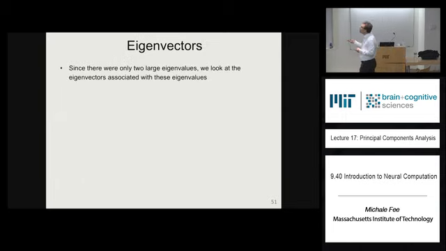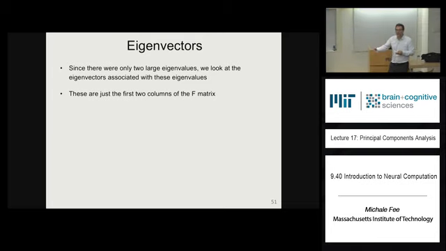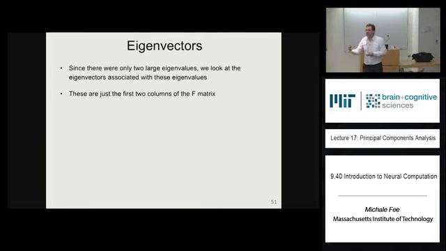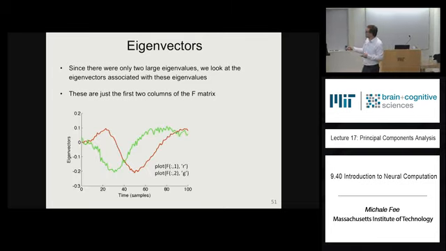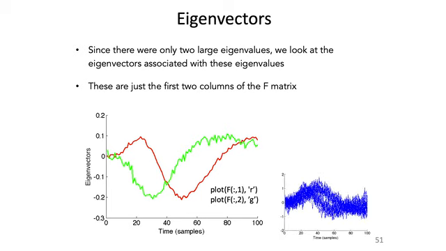Okay? So since there are 2 large eigenvalues, let's look at the eigenvectors associated with those, and we can find those are just the first 2 columns of this matrix F that the eig function returned to us. And that's what those 2 eigenvectors look like. Okay? That's what the original data looked like.